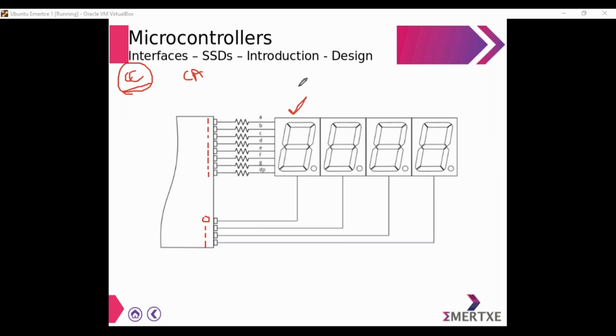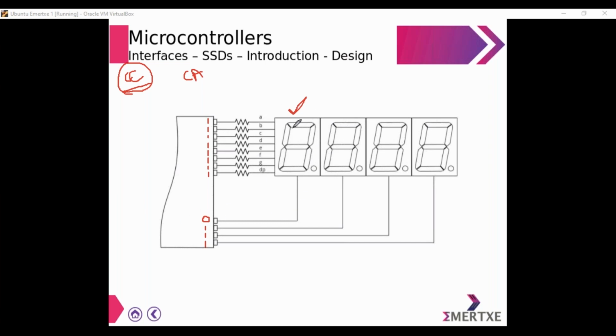Now there is a small problem. I am providing the ground to a particular SSD at a particular pin of the microcontroller. When I provide one to all of the segments like this, the current via the segments cumulatively will flow to the microcontroller.